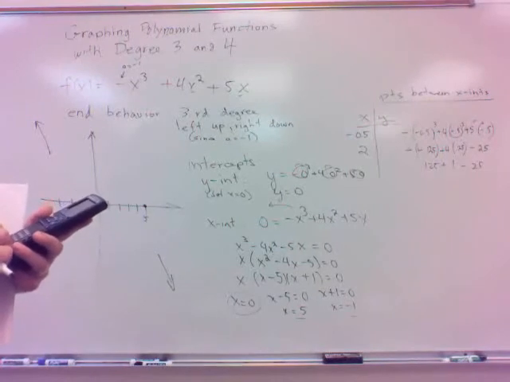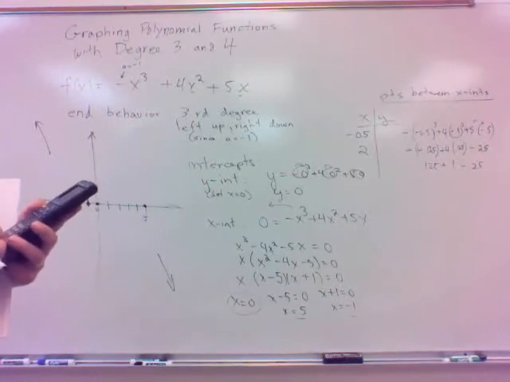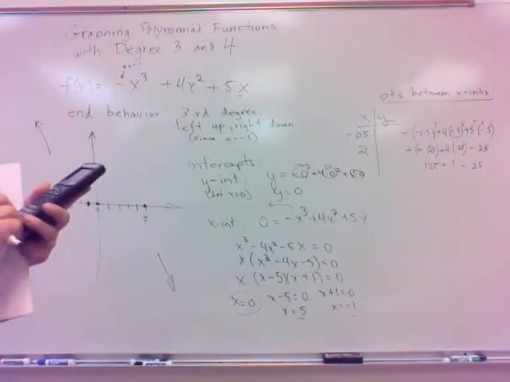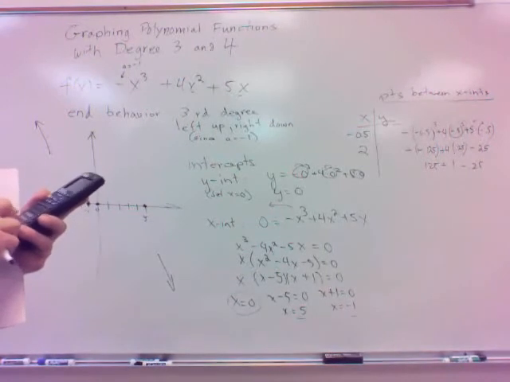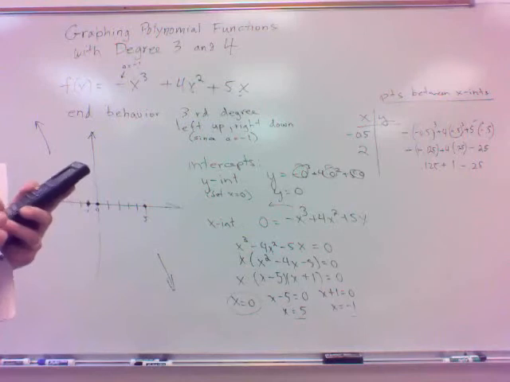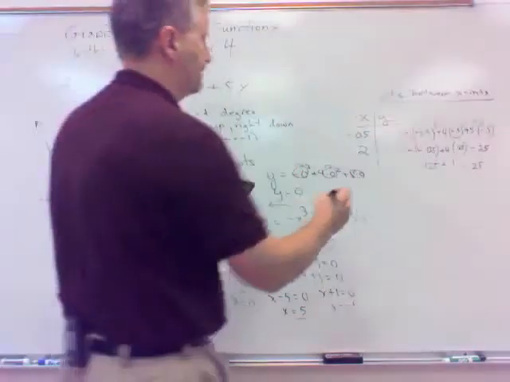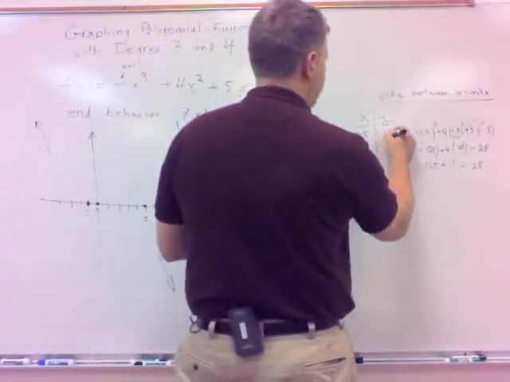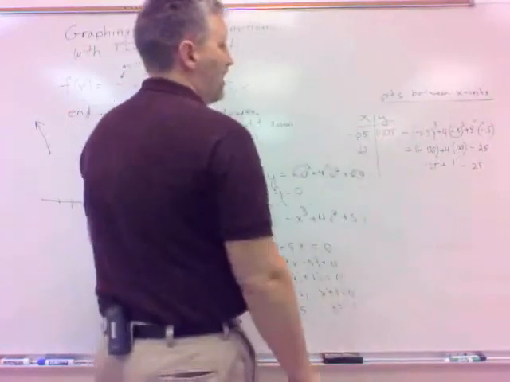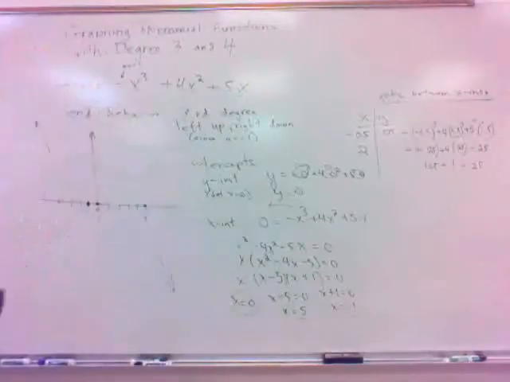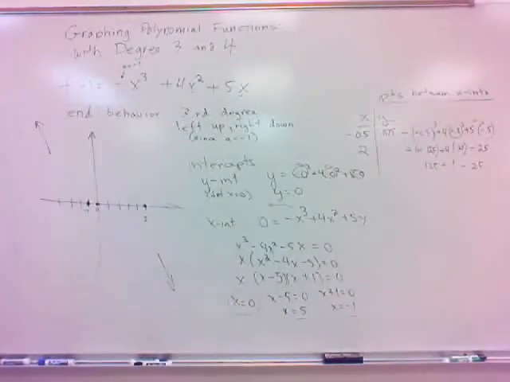Is it point something something? 0.125 plus 1 minus 0.25. 0.875. Does anybody else get that? 0.875. So yeah, it's not a very big number at all there.